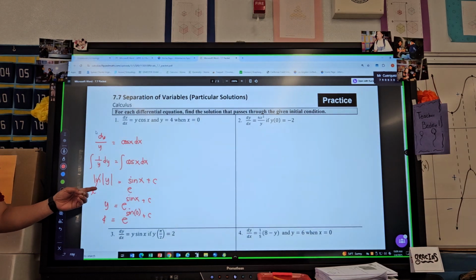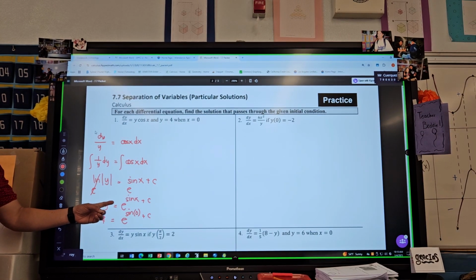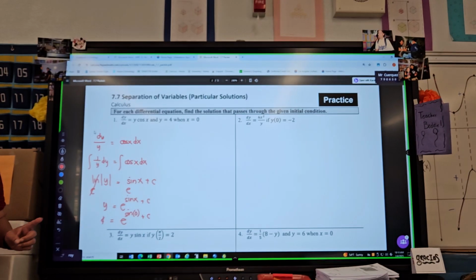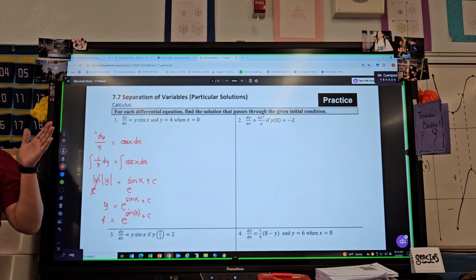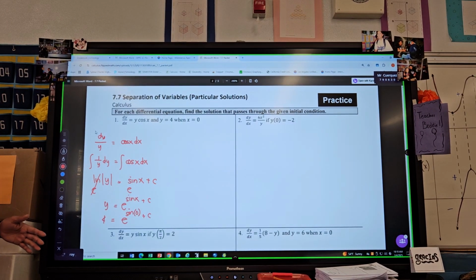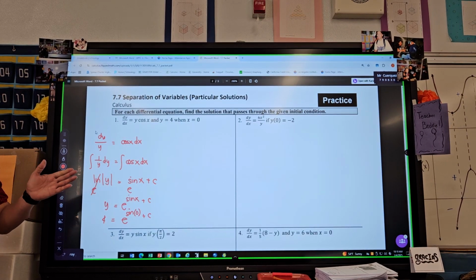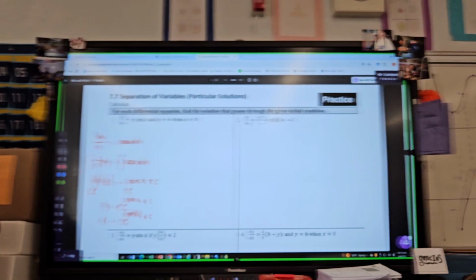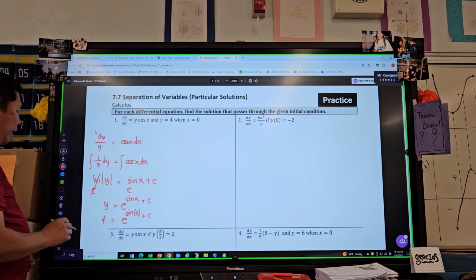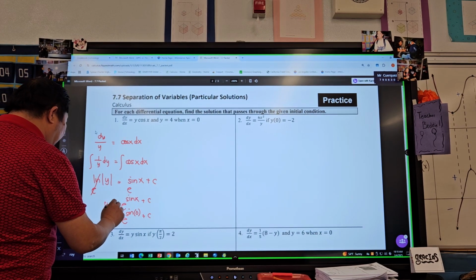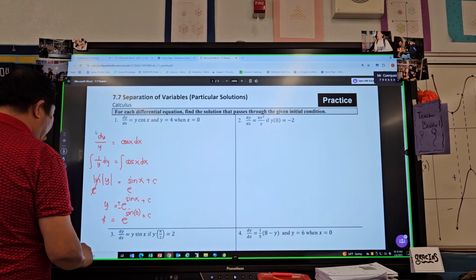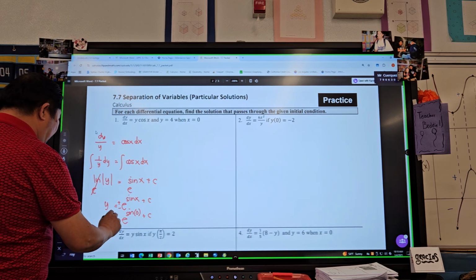Since this is absolute value, we're gonna do plus and minus because it's absolute value. Again, the reason why we're gonna consider the positive or the negative depends on the y value, right? So this is gonna be plus and minus.